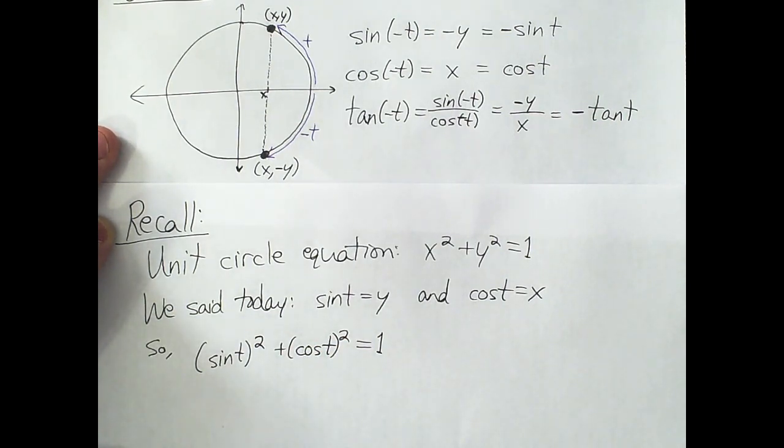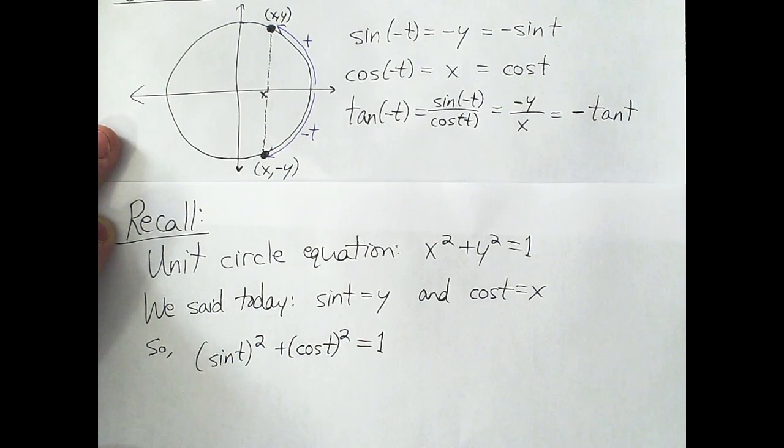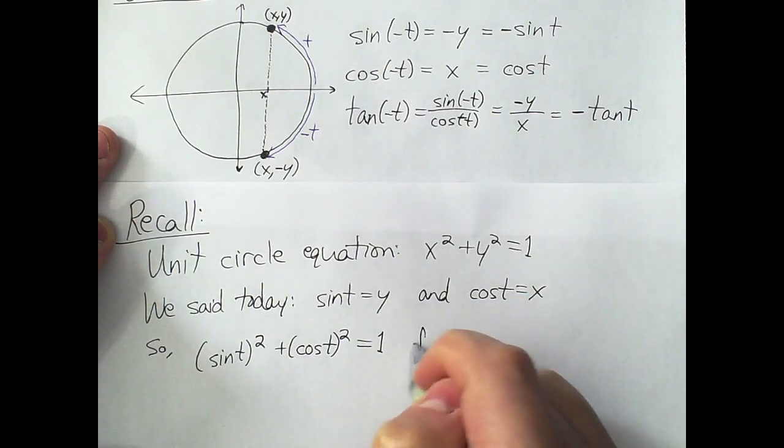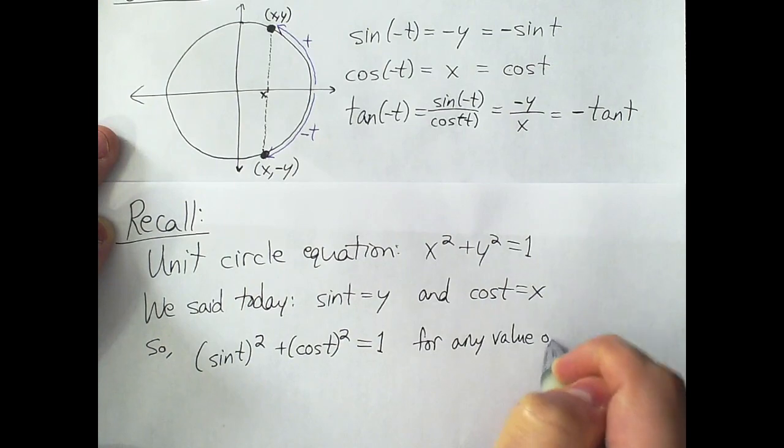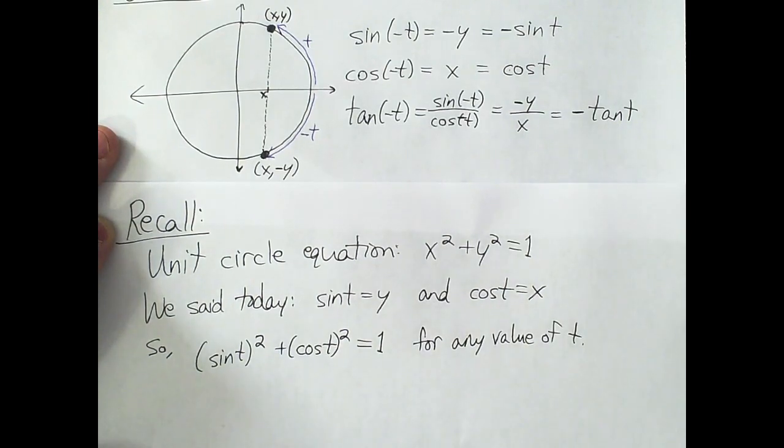So that by itself is another fact about how the function sine and the function cosine are related to each other. And this seems to be true for any value of t. We said the domain of sine and cosine was any real number. So yeah, this is true for any value of t.